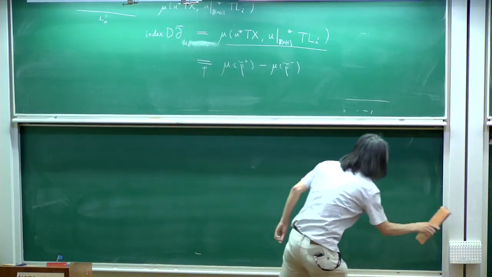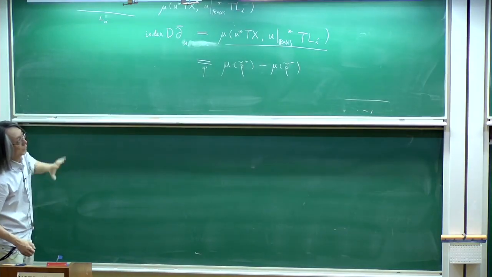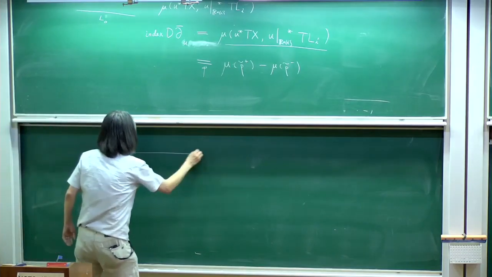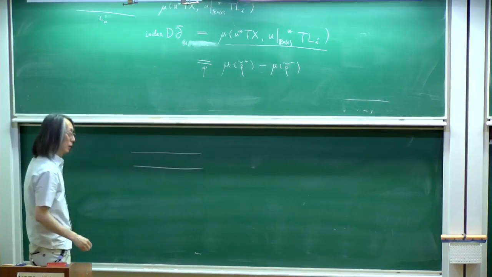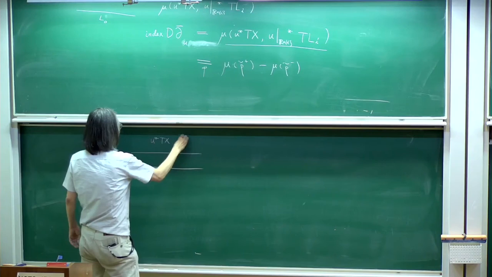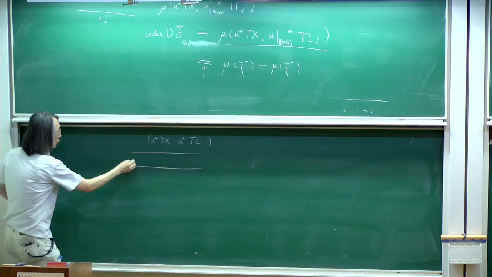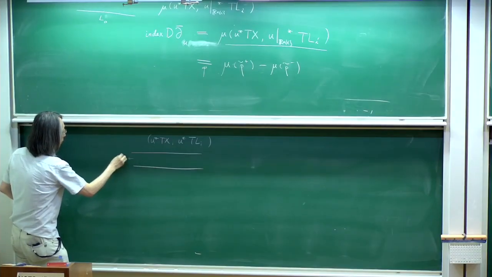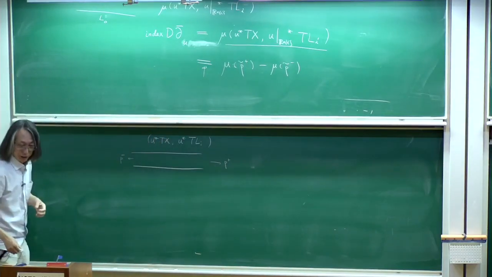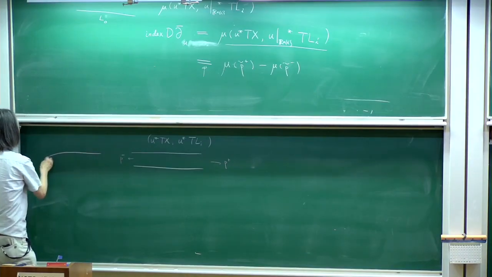So now the story becomes rather nice. Here you have this cylinder, and then we have this u star of TX and u star of T L_i and so on as before. And this is converging to this p minus and this converging to p plus. Now I consider a different domain like this.